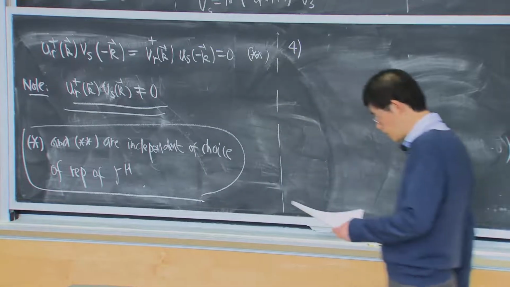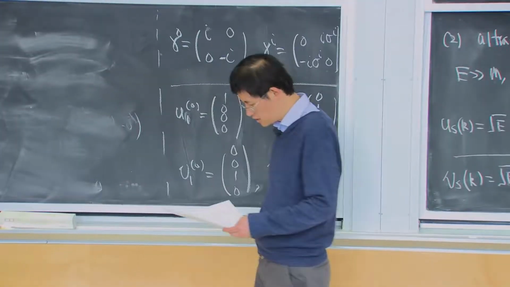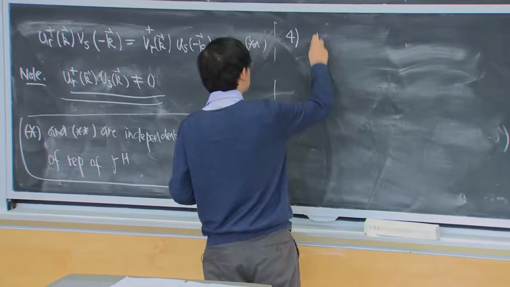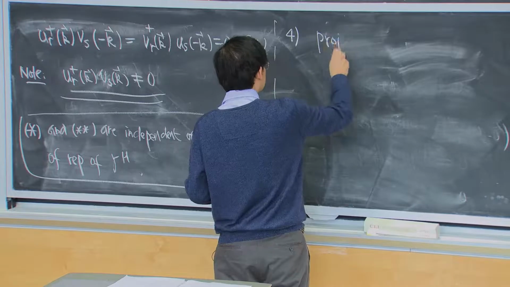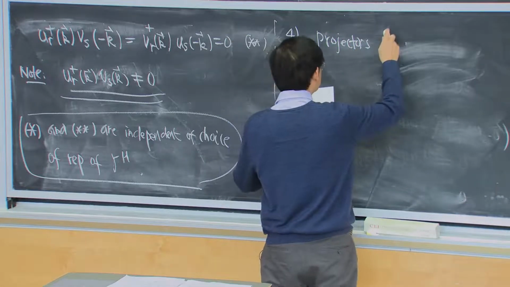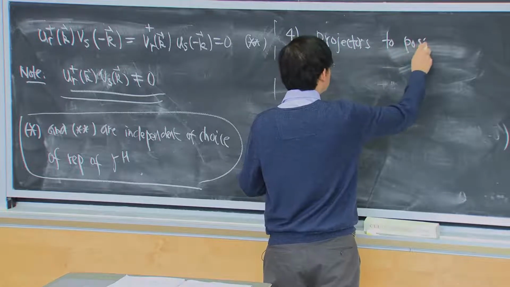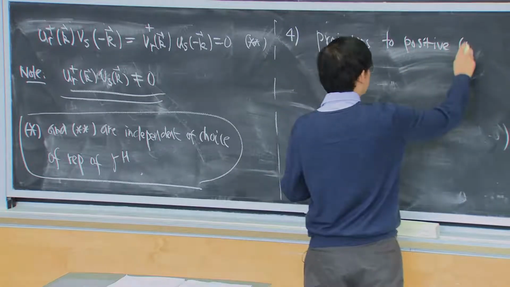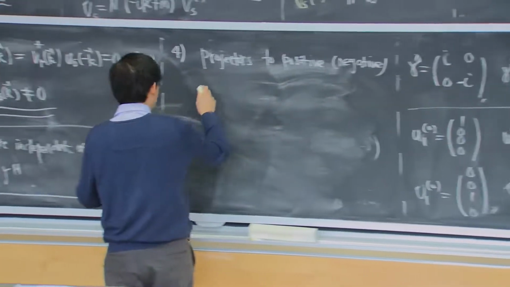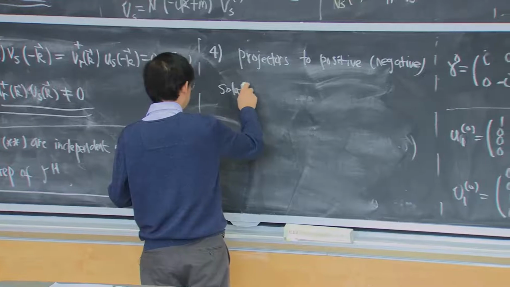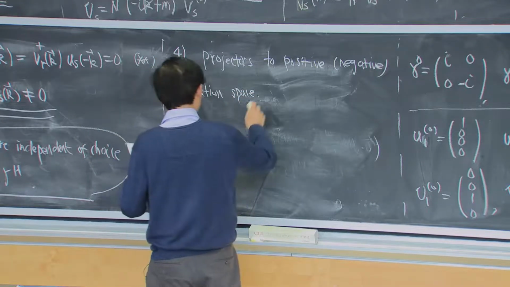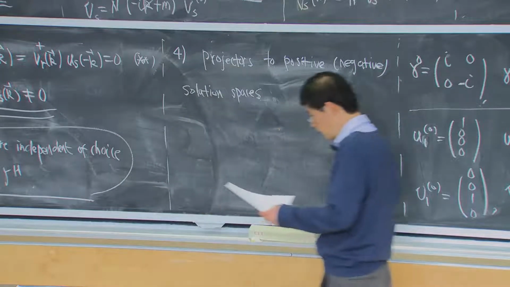So the fourth remark is that often we actually need to use projections. So you can also construct projectors to the positive and the negative solution spaces, okay?